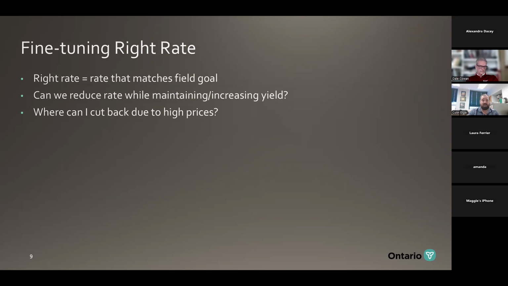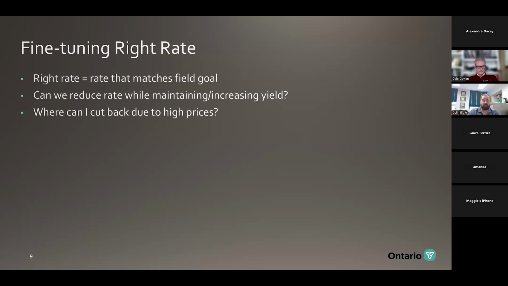The right rate in any case is the rate that's going to match the goals for that field. So whether we're trying to build those soil test levels, or just apply whatever is according to the economics in that individual year, that rate is going to match that. But it's also going to match the rate that's best done with our own equipment or a partner's equipment, our own operation.